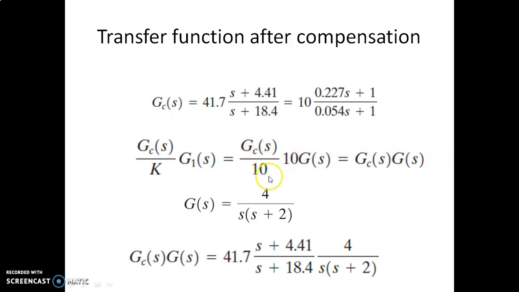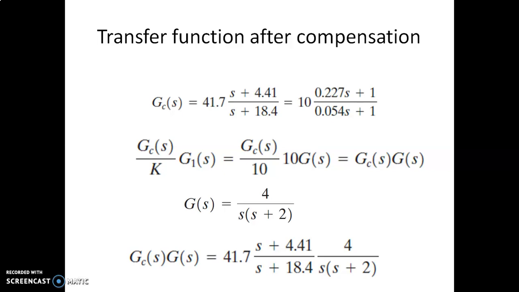So this is GC by 10 and this is 10 into G. The 10 and 10 will cancel, and we'll end up with GC into G. So this is the compensation transfer function, and this is the real system transfer function.